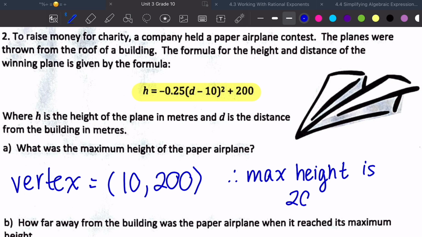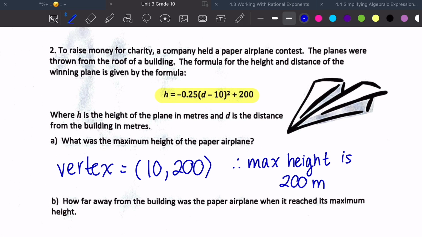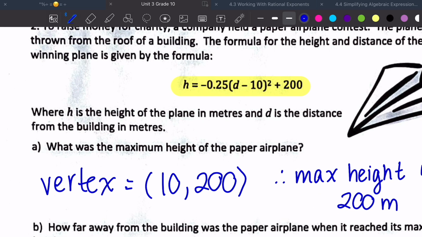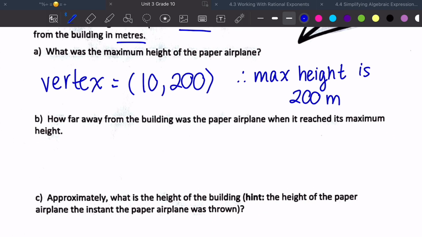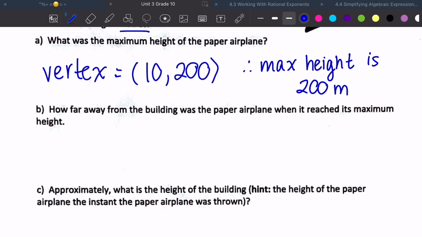It's 200 meters. It says it's meters in here, the building in meters. Okay. How far away from the building was the paper airplane when it reached its max height? That's just your X value.